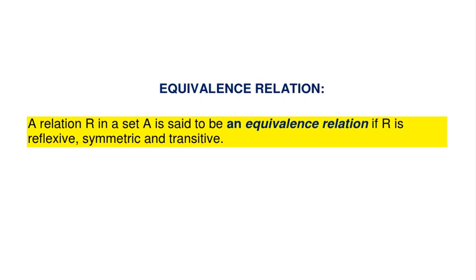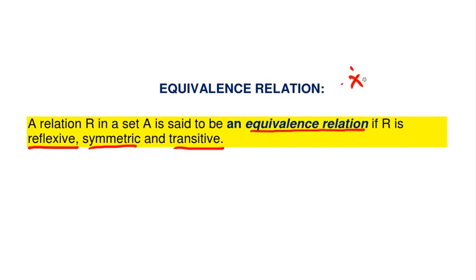Next, we have now discussed the types of relation: reflexive relation, symmetric relation and transitive relation. If a particular relation has all three types, that is, R is reflexive, R is symmetric and R is transitive, then the relation is known as an equivalence relation.